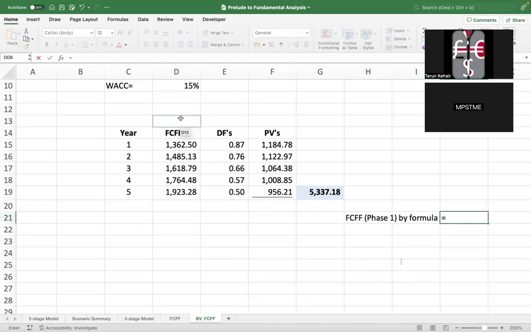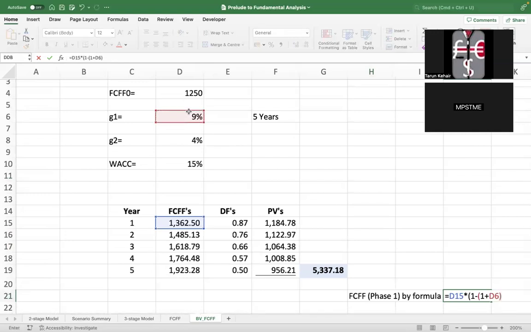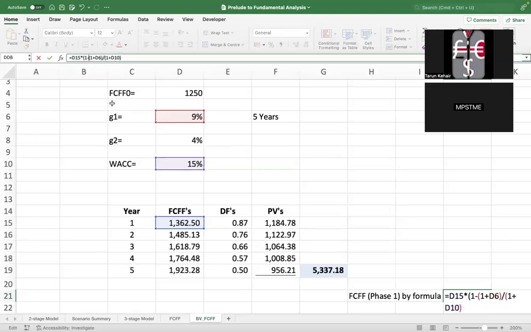That will be the first year free cash flow into 1 minus ((1 plus growth rate) divided by (1 plus weighted average cost of capital)), the whole thing to the power of 5 years, divided by WACC minus growth rate.